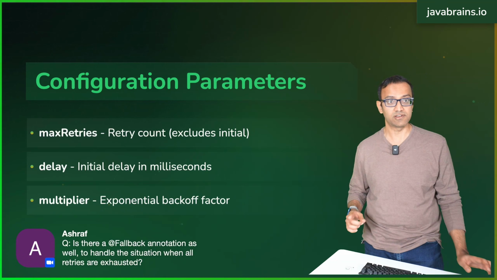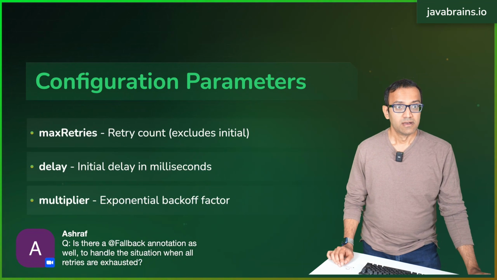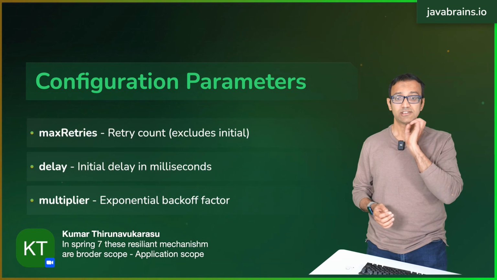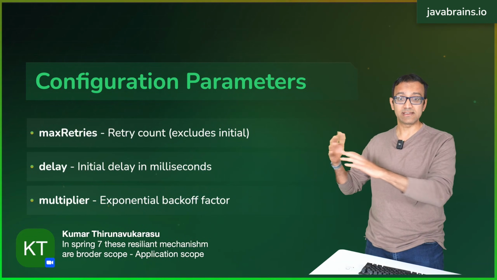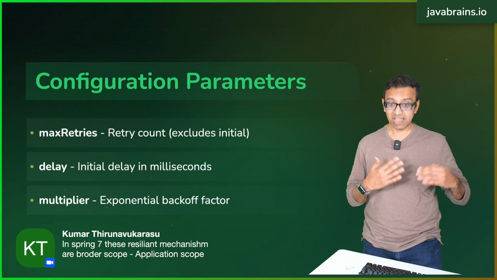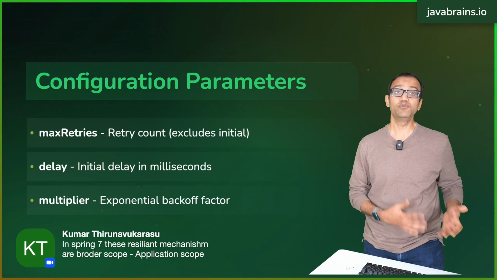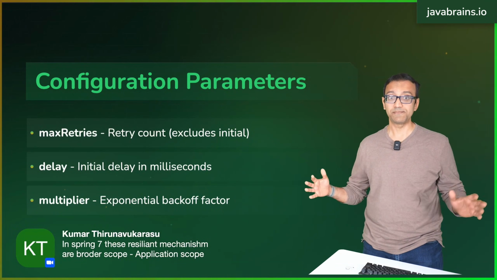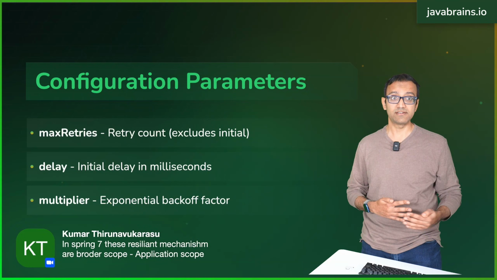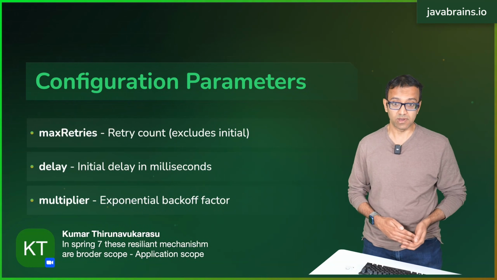It does not have a recover or a fallback. Okay, so you enable resilience methods for the entire application so that Spring creates those AOP proxies to do retries, but that's about it. It's for whatever annotations, whatever methods you annotate.